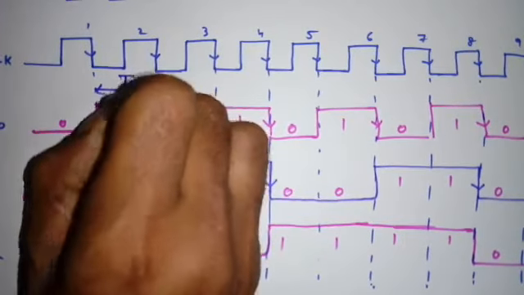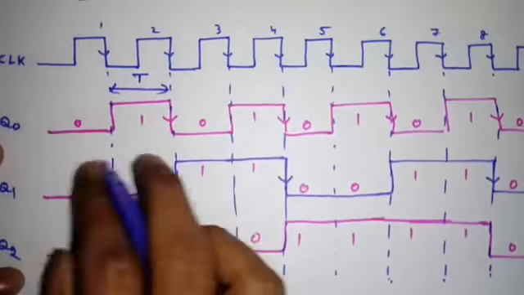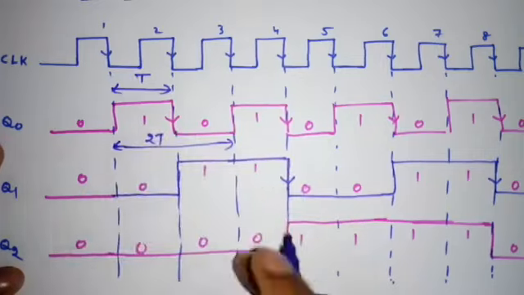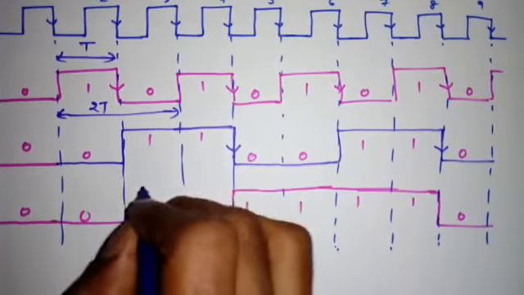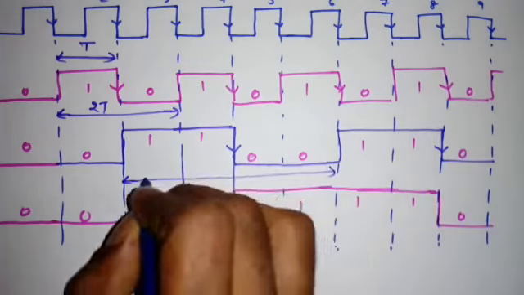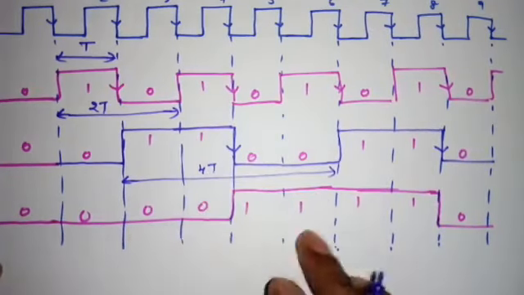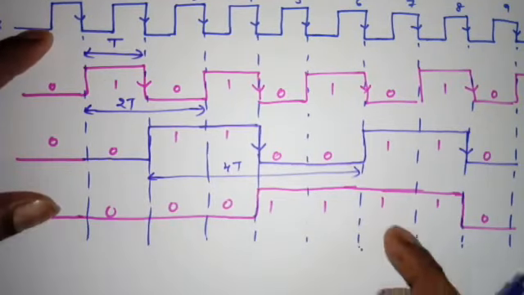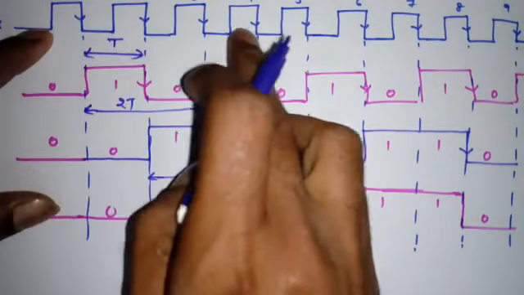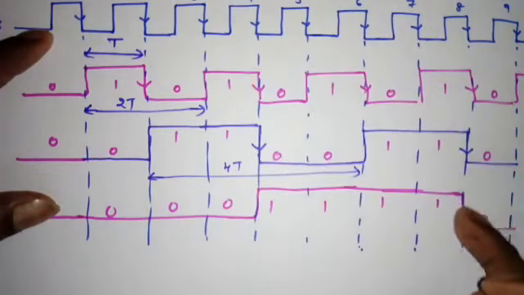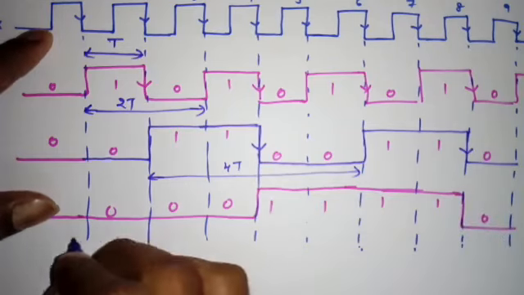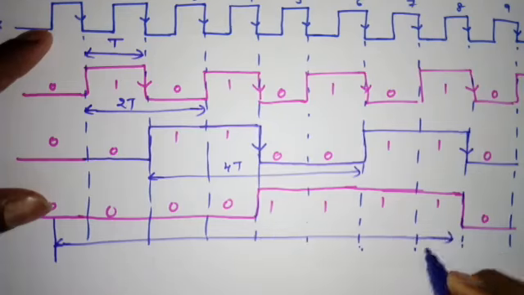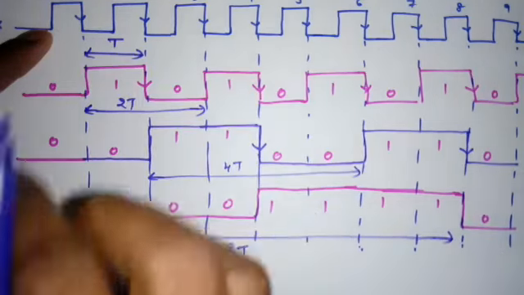If I take one clock period as t, then for Q0 the time period will be 2t compared to the clock. For Q1, the time period will be 4t. For Q2, counting from here to here, 1, 2, 3, 4, 5, 6, 7, 8, it is not changing up to 8, so here to here there is 8t compared to the clock.